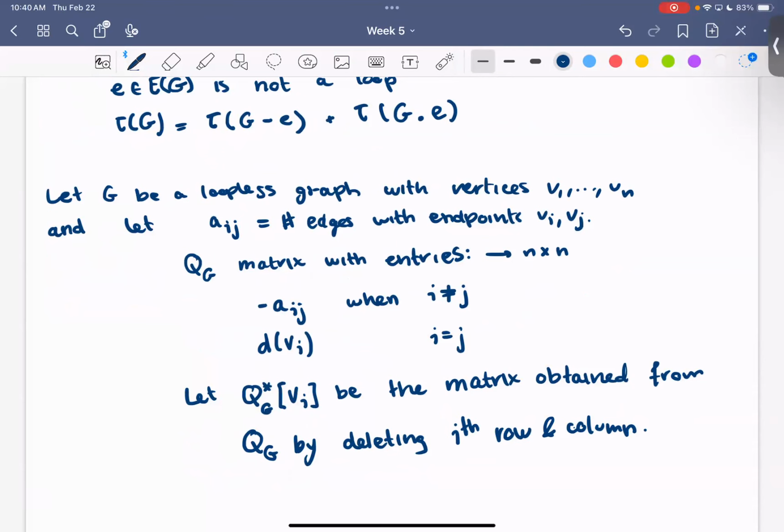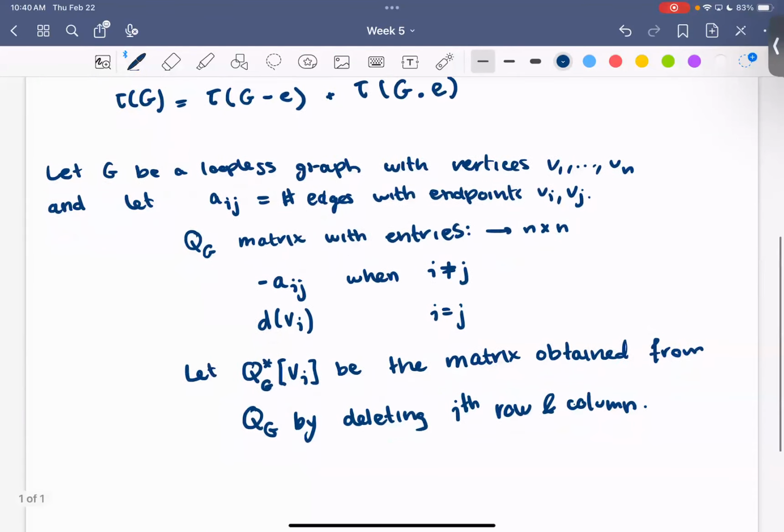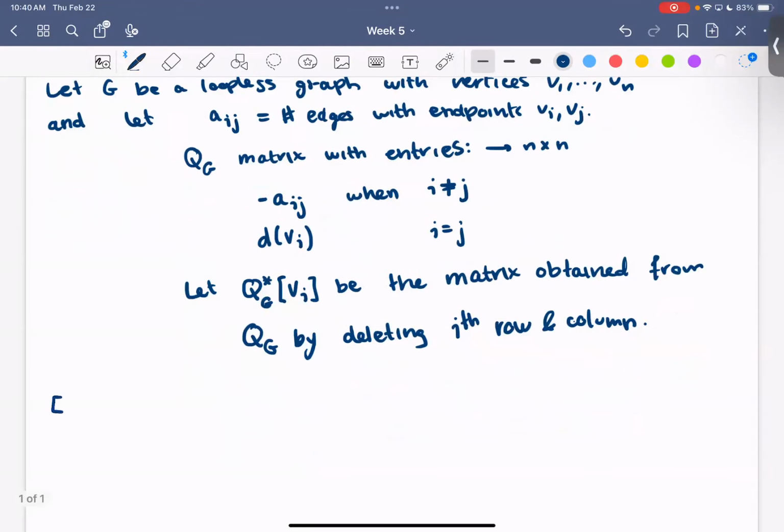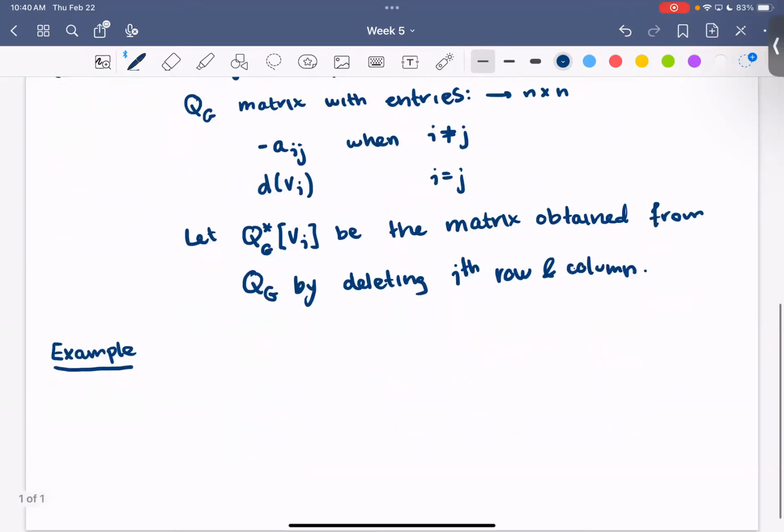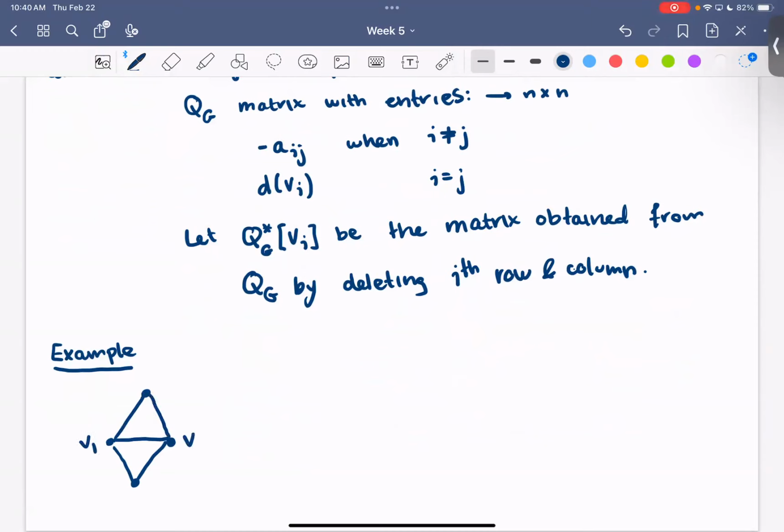Okay, so for the sake of concreteness, let's do an example. I'll do the kite from last lecture. This was one where we had found all the spanning trees already. So it's this graph, and I'm going to call the vertices V1, V2, V3, and V4.